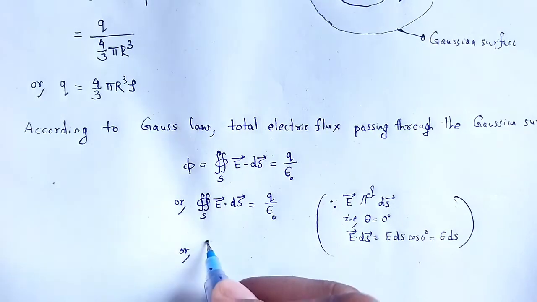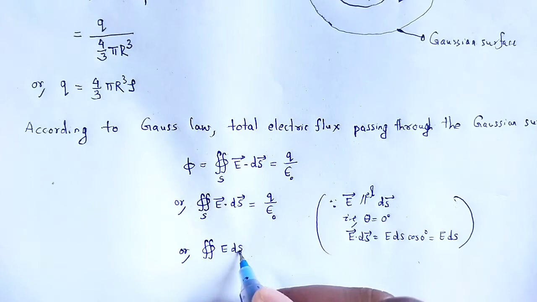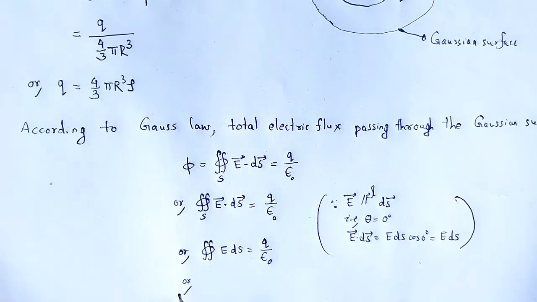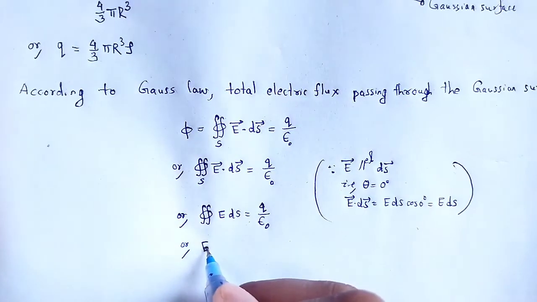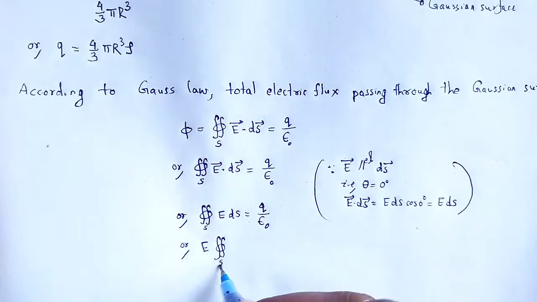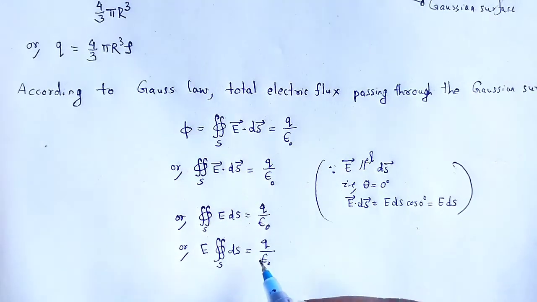So E, being constant over the surface, comes out of the integral, and closed integration over S of ds is equal to q divided by epsilon naught.